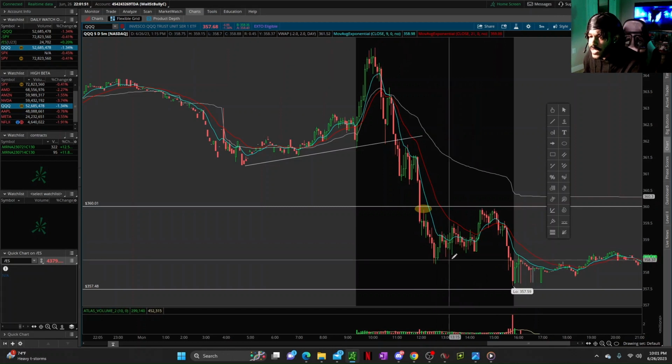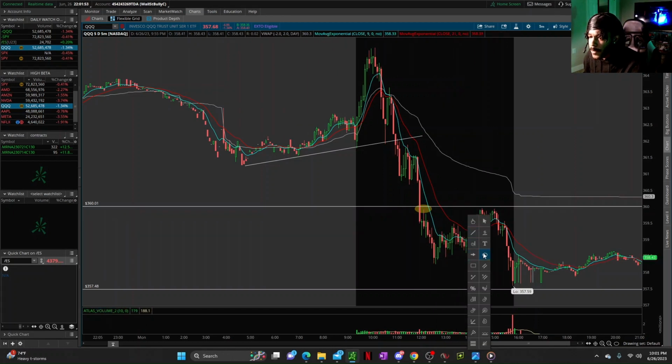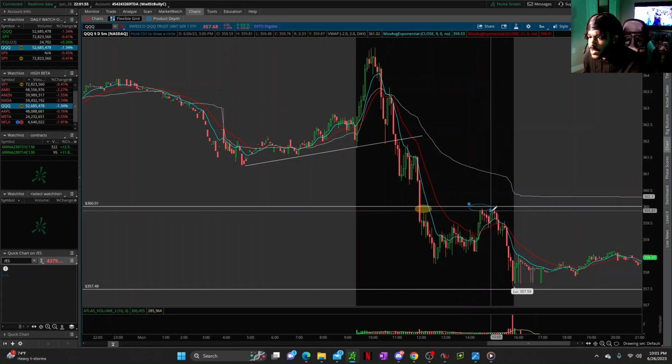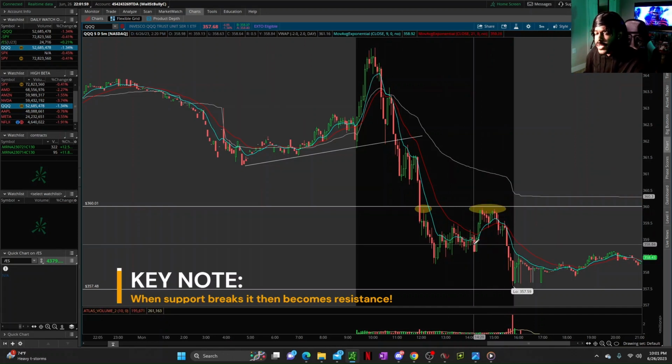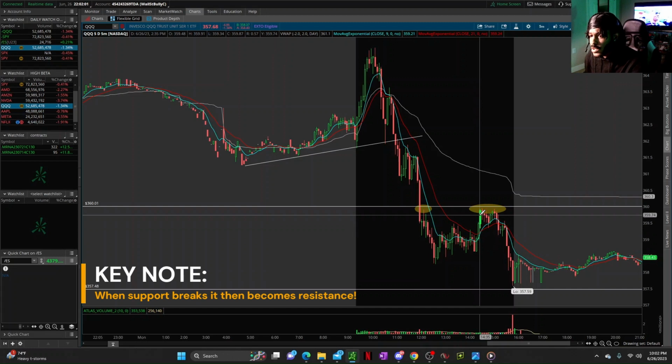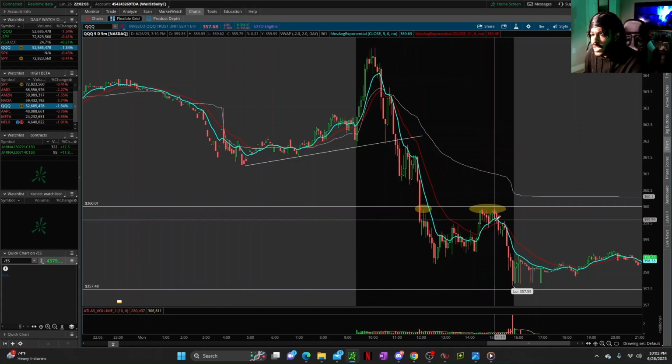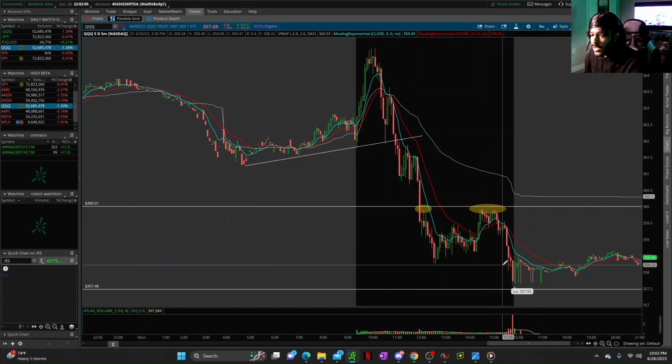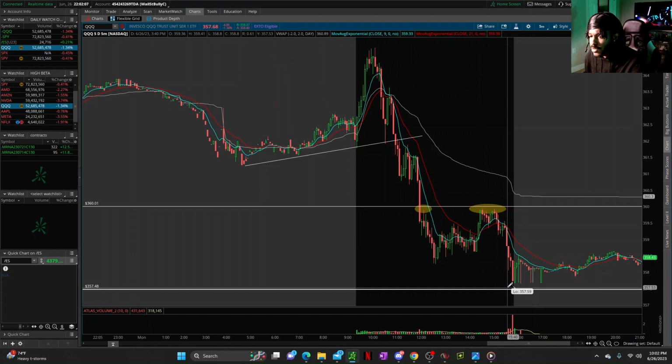And then later in the day, we made another push back up here to this 360 level again. And when support breaks, it then becomes resistance. So you could have entered here and then played it down all the way to this level, 357.59.